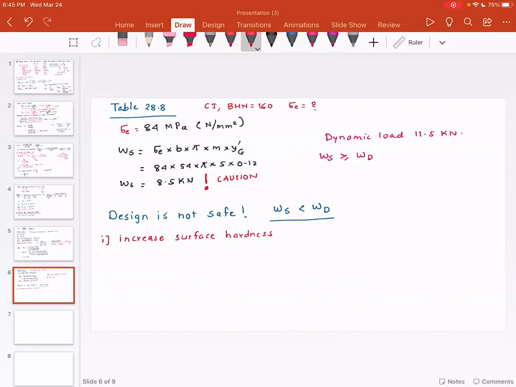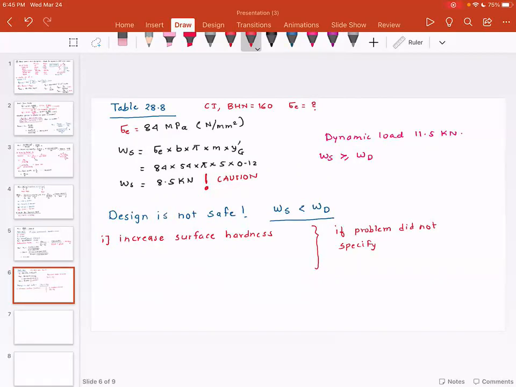So if the problem did not specify or it was open-ended, then we can actually increase surface hardness.